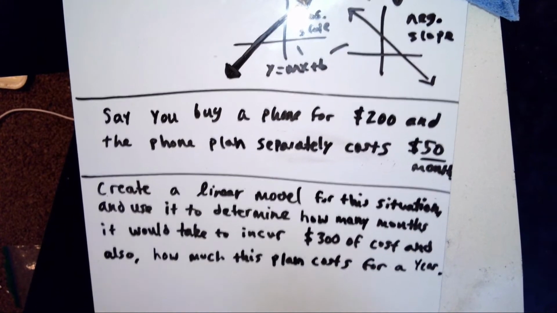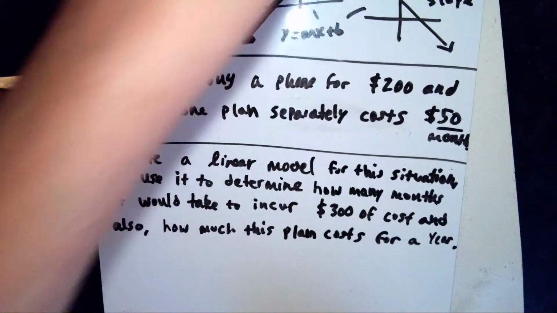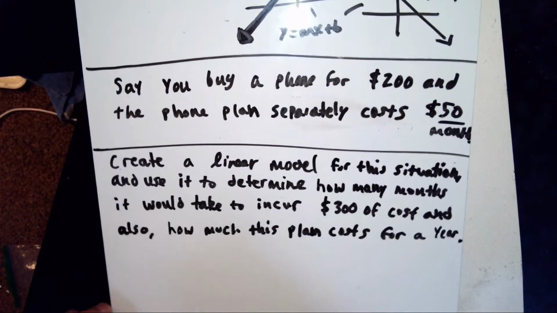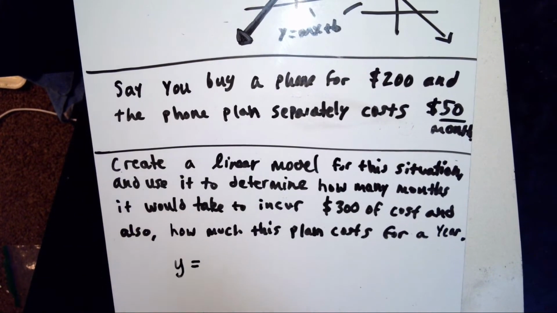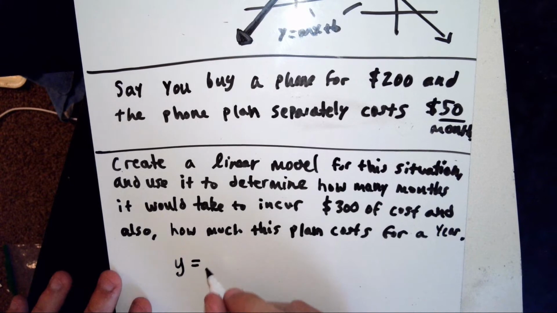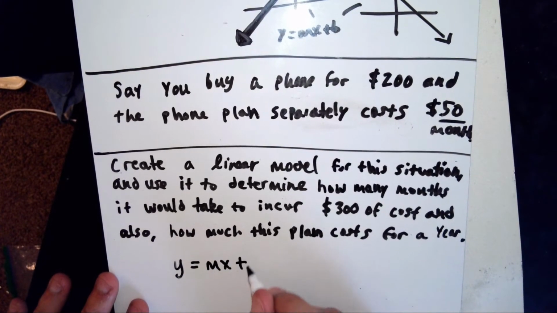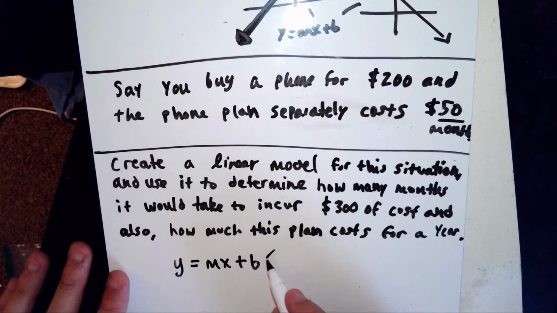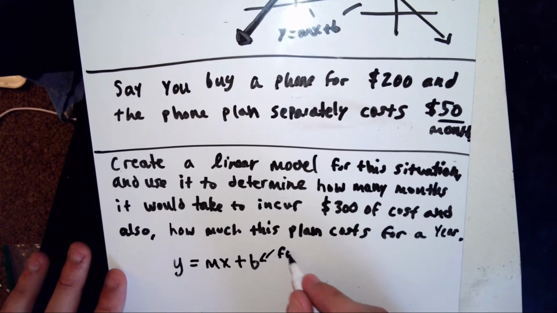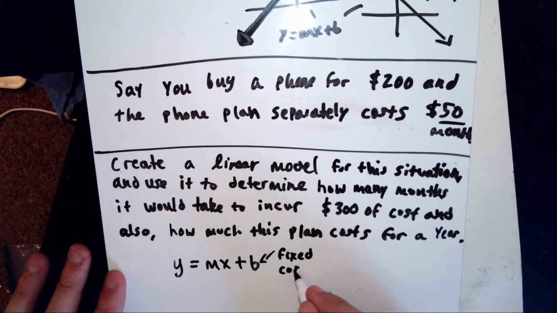So let's do this. First, let's begin by thinking about how we create the linear model. Our linear model is going to be something of the form y equals mx plus b. In this situation, b is like a fixed cost. It's what you pay up front.